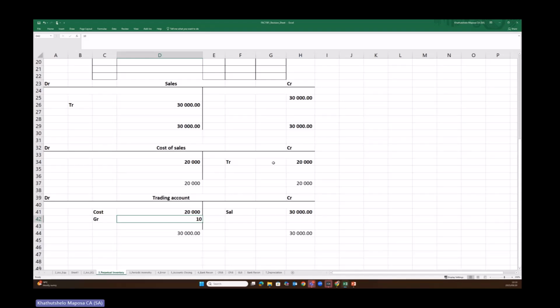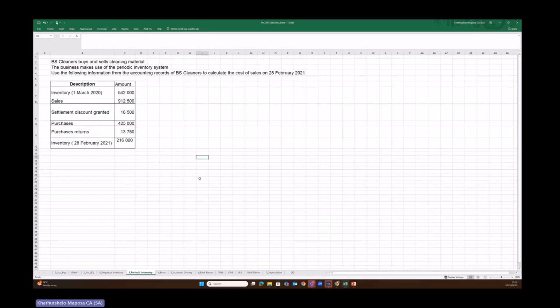Okay, let's move on to the periodic inventory system while we're still on the cost of sales. On the periodic inventory system, remember what I've said.